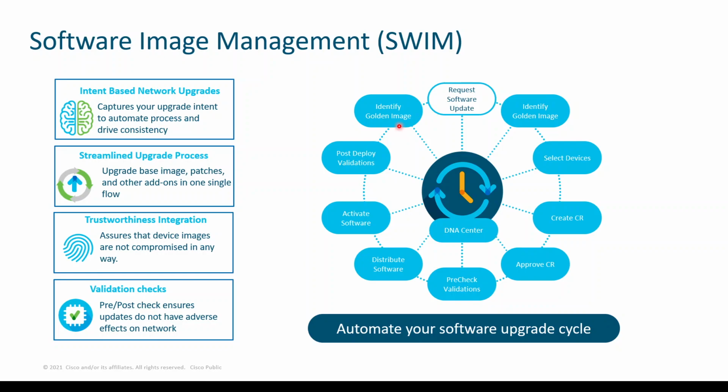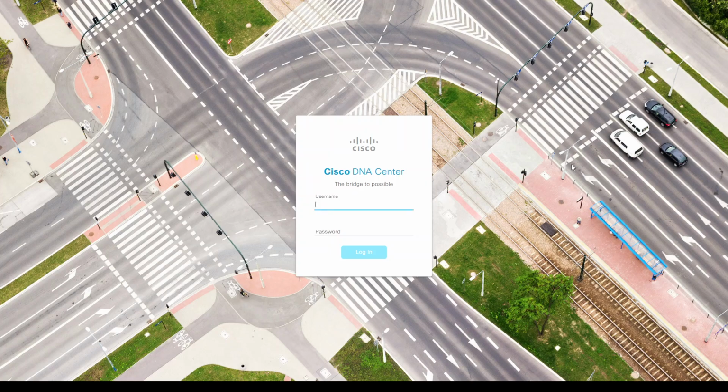As part of the IOS XE release cycles, new images will come along as time passes. So you can identify new images to target for your network, import those, and start the process again. So let's go to the DNA Center GUI.